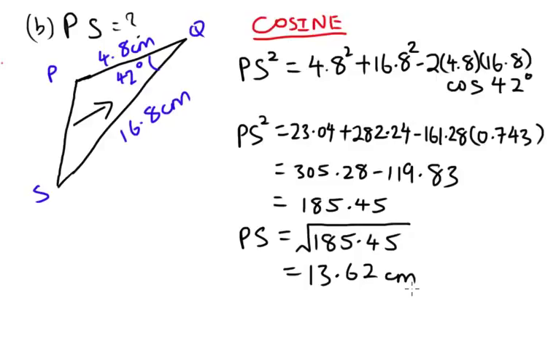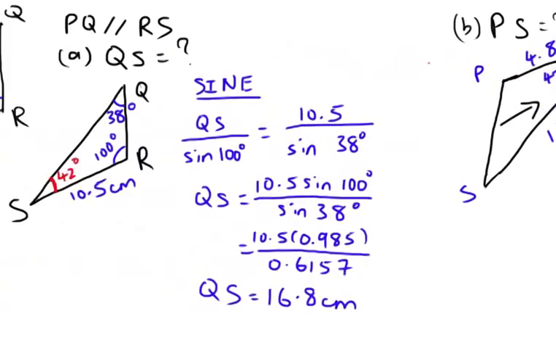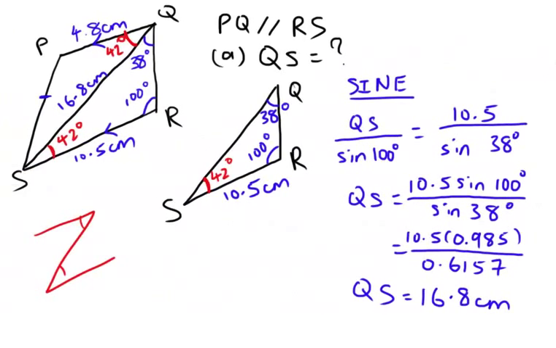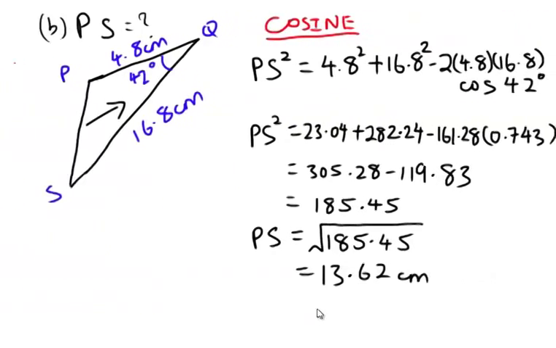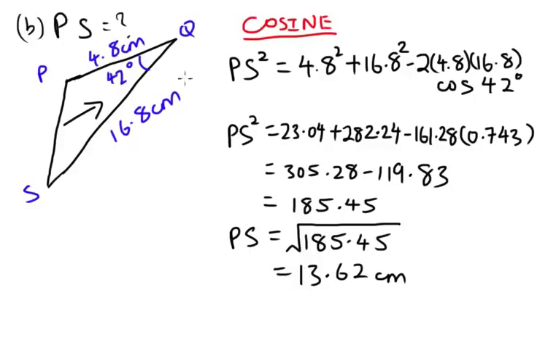The next one is to find the angle QPS, which is this angle, or we say the angle P. Since we want the angle P, we can continue from the diagram we have from question B. So what would be this angle QPS?